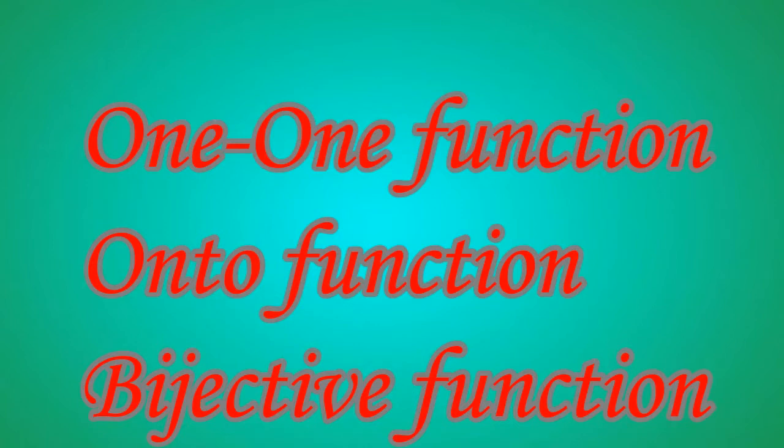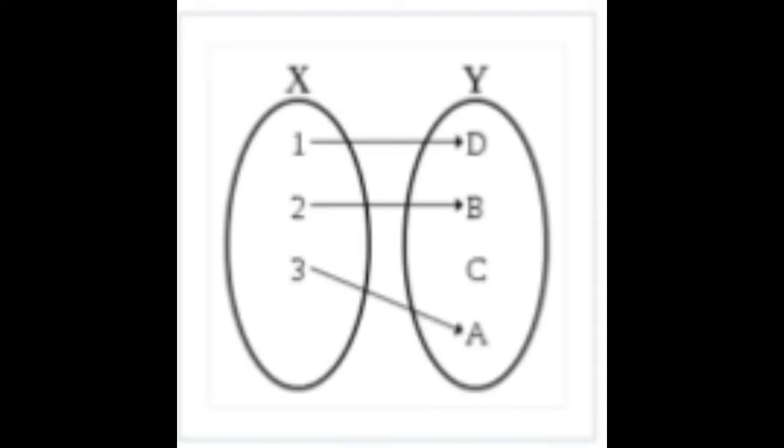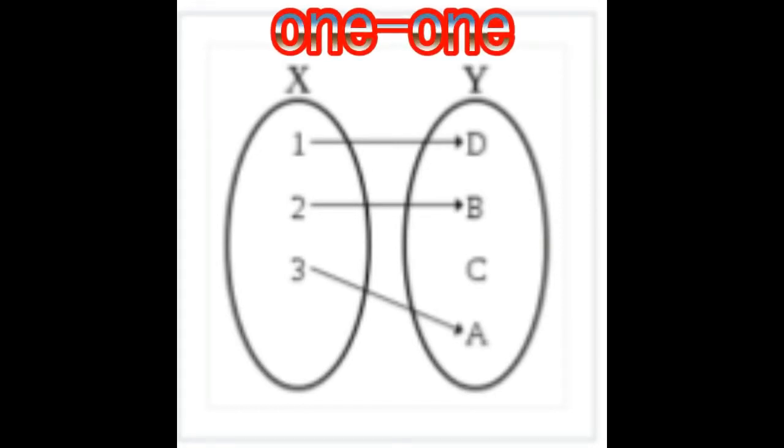So what is a one-one function? A function f from A to B is called a one-one function if distinct elements of A have distinct images in B. I mean the different elements of A have different elements in B. Then what is an onto function?